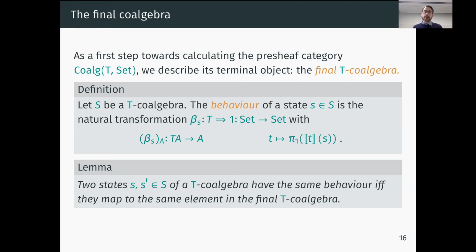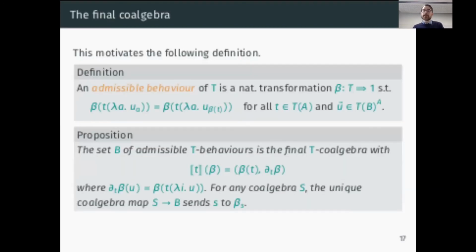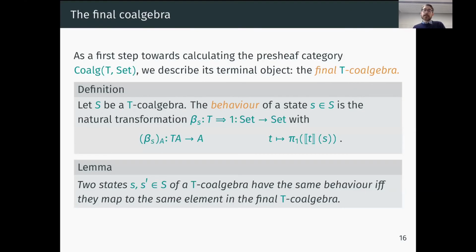So the final object encodes precisely the behaviors that you might observe externally for a given state.